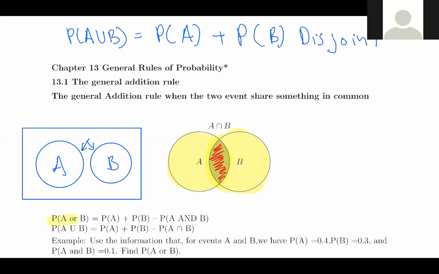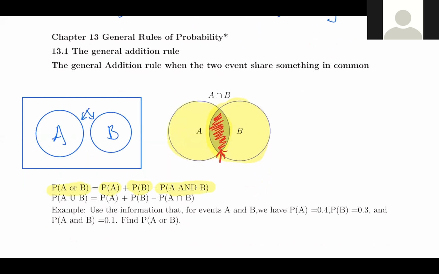It is saying that to get the probability of A or B, you have to get the probability of A, then add it to the probability of B, but you have to subtract the probability of A and B, because we double counted this middle portion. All right, so that's what that formula is saying. The bottom formula is also saying the same thing.